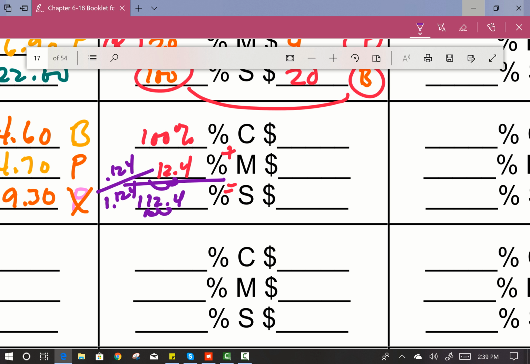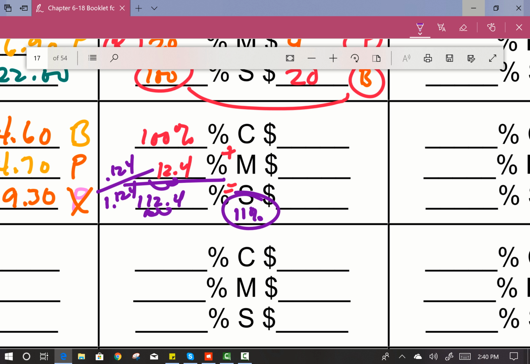So the percent of markup on selling price, the equivalent markup, if it's 12.4% markup in cost, what is the equivalent markup in selling price? Let's calculate that. That's 0.124 divided by 1.124, and the equivalent markup would be 11%. The percent of markup on selling price is always less than the percent of markup on cost.